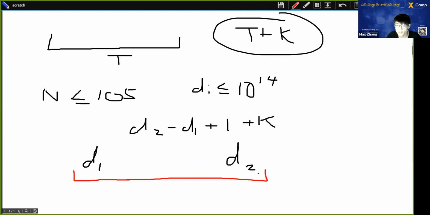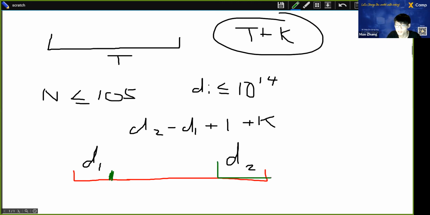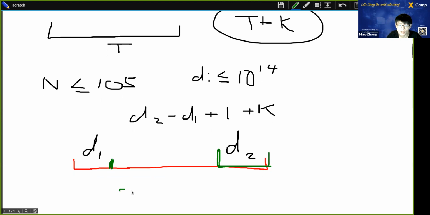Or our other option is we end our old subscription. If we're going to end it, we might as well end right after D1, and then we start a new subscription starting from D2. The alternative cost of that would be 1 plus 1, so 2, plus 2K.